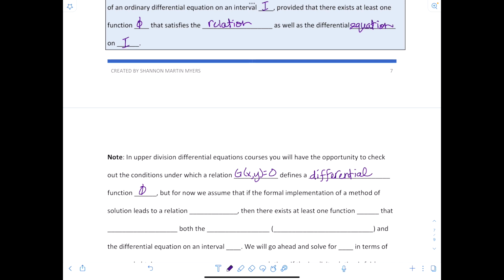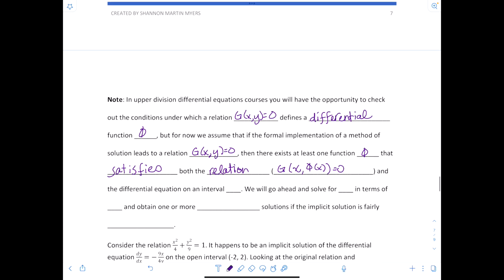But for now, we assume that if the formal implementation of a method of solution leads to a relation G of x and y equals 0, then there exists at least one function phi that satisfies both the relation, which was the capital G of x and y, G of x and phi of x equal to 0, and the differential equation on an interval I.